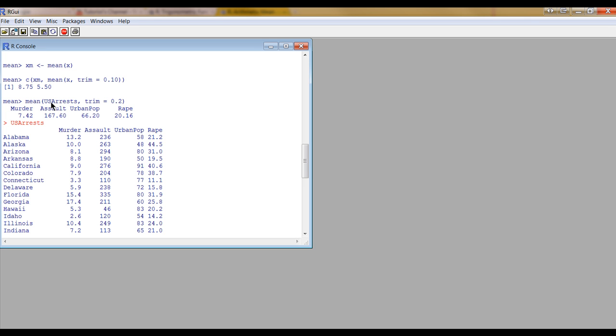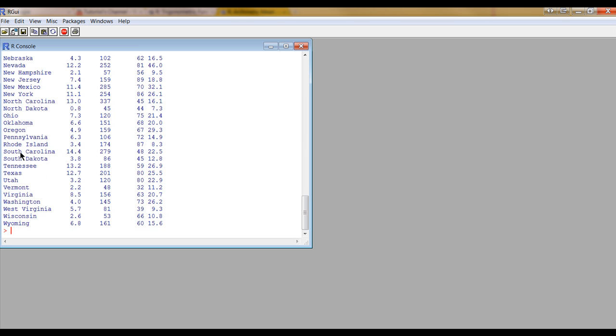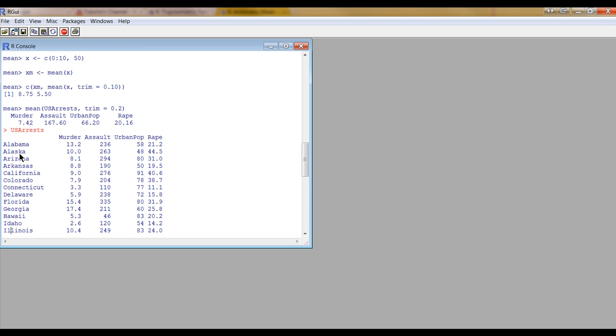So what did they do here? They took US arrests and trim 2%. So that's kind of weird because US arrests actually is a whole table of data, right? It's murders, assaults, urban population, and rape for all these 50 states, right? So what does it mean to take the mean?